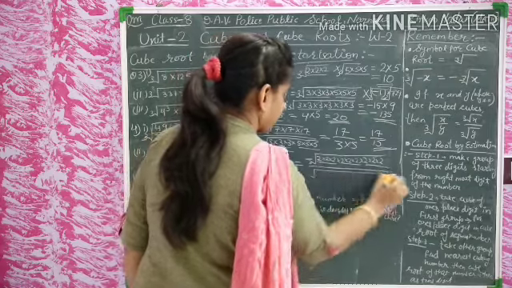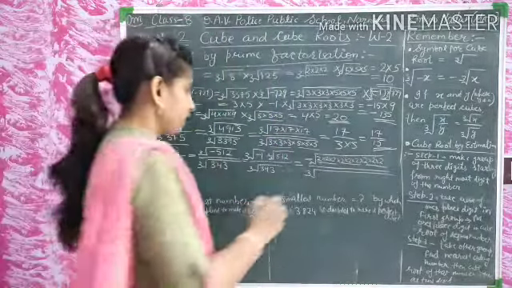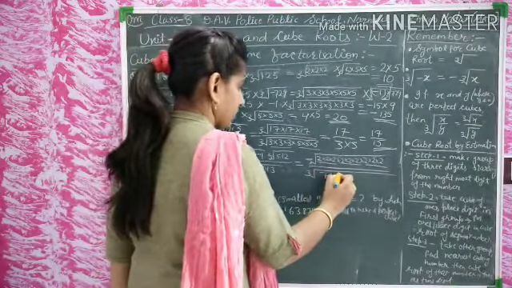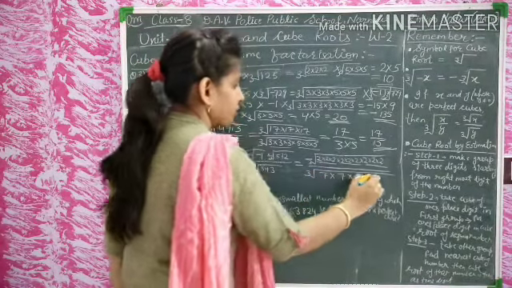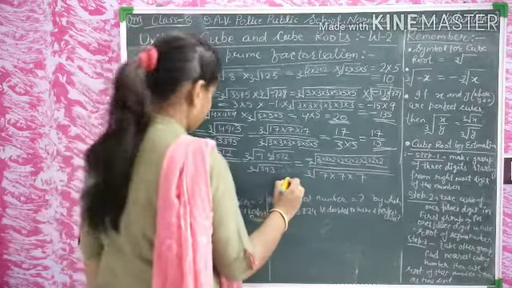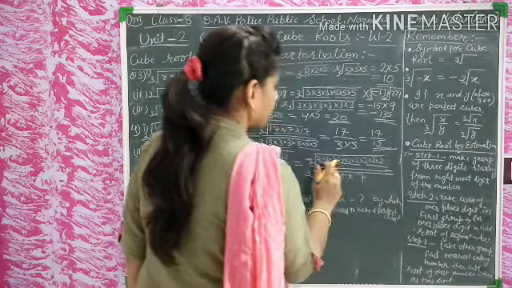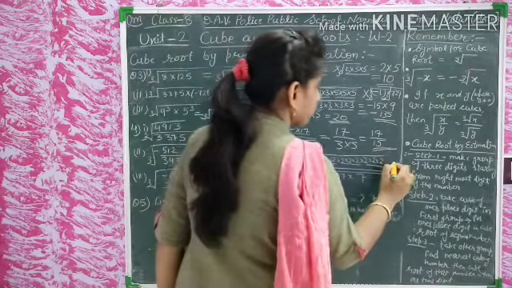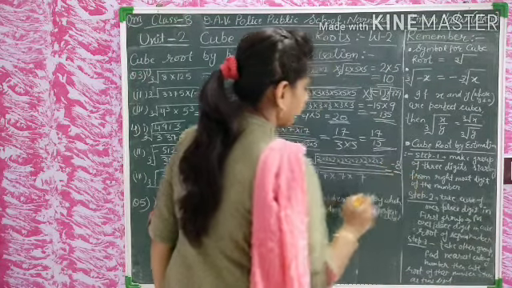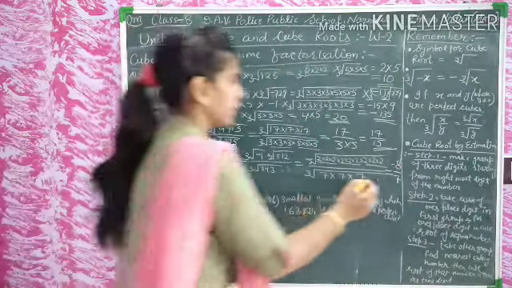We are also taking the cube root of 343, that is 7 into 7 into 7. Now students, taking the cube root, that is equal to 2 into 2 into 2, which is 8, divided by 7 here. This is the answer here.